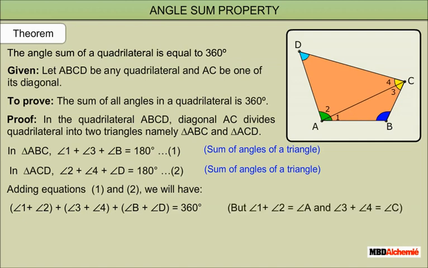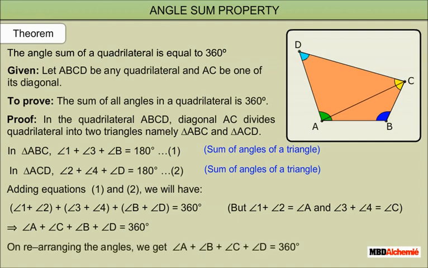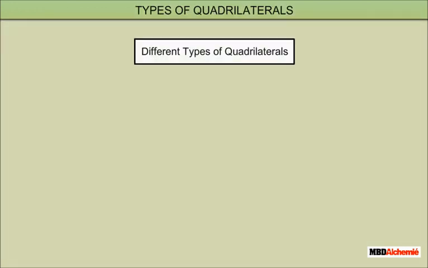But angle 1 plus angle 2 is equal to angle A and angle 3 plus angle 4 is equal to angle C. It implies angle A plus angle C plus angle B plus angle D is equal to 360 degrees. On rearranging the angles, we get angle A plus angle B plus angle C plus angle D is equal to 360 degrees. Different types of quadrilaterals.